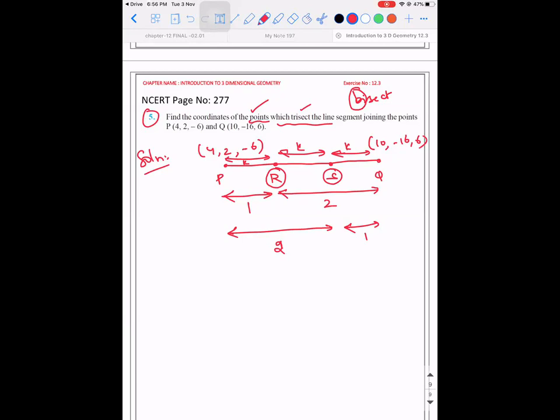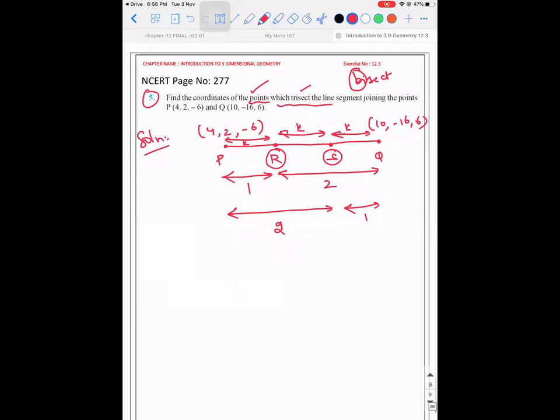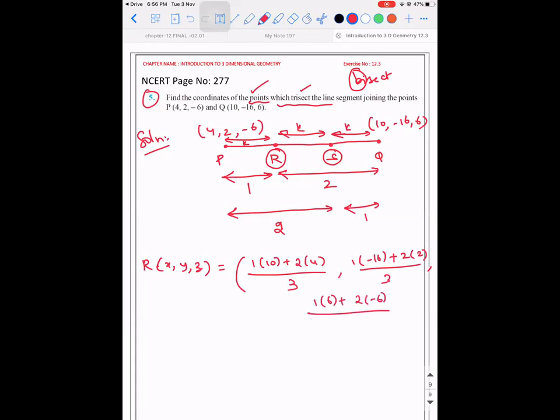So R is what? Coordinates of point R, if I take it as (x, y, z), it will be (1 into 10 plus 2 into 4) divided by 3, comma (1 into -16 plus 2 into 2) divided by 3, comma (1 into 6 plus 2 into -6) divided by 3.